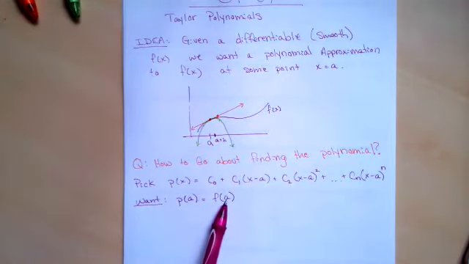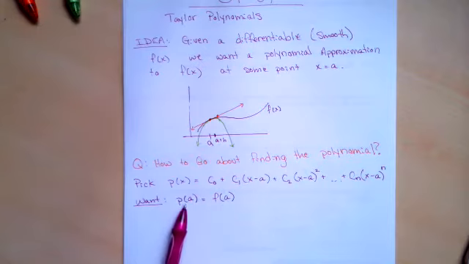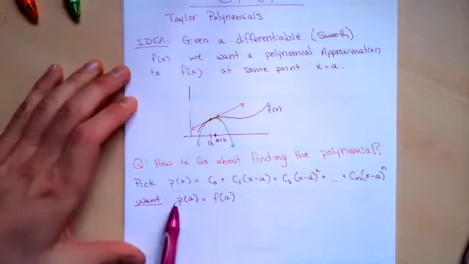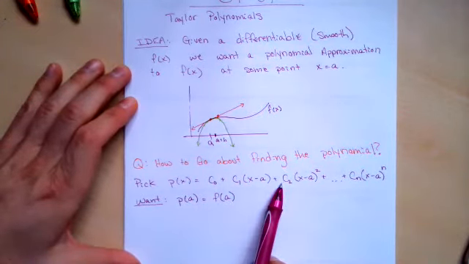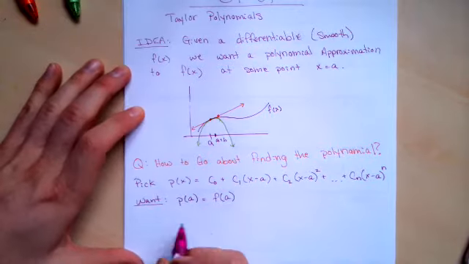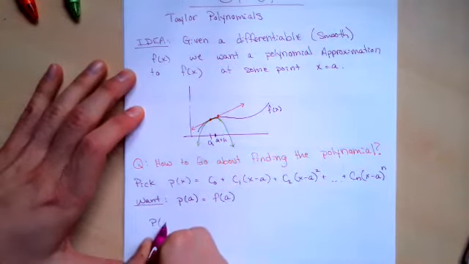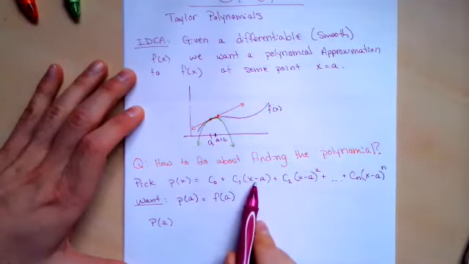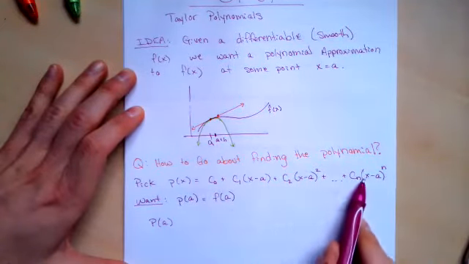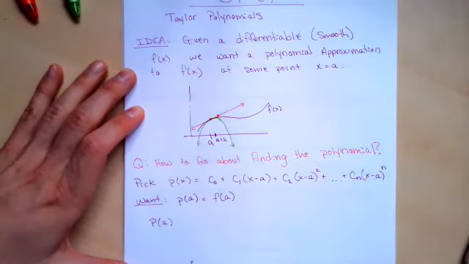But at least I know the value of a function at one special point, and I want my polynomial to match that. And so what does this tell? This condition is going to give us information about, well, what do these constants need to satisfy? And of course, what is P of A? If I plug in A here, all of these higher terms, degree 1 and beyond, are going to be 0.